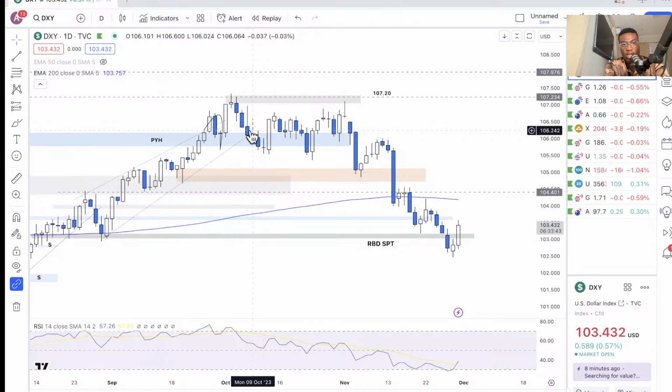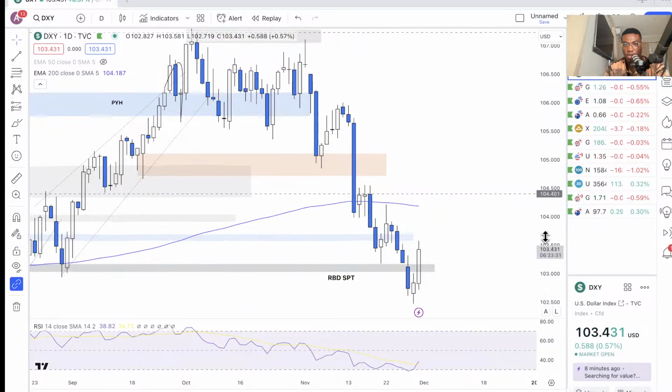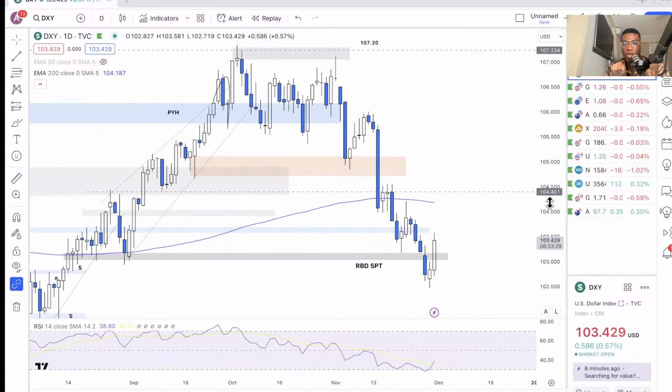Then we've gone to the daily time frame, and you've seen that the daily has created multiple lower highs and lower lows headed downwards, right? Now we've understood that for this month, the dollar has been trending downwards on the daily, on the weekly, and obviously on the monthly, just like we identified, right?